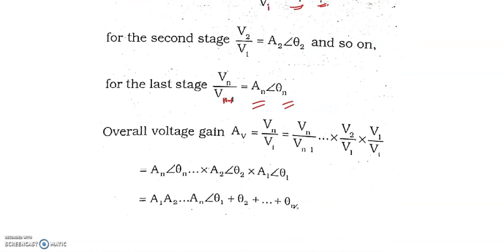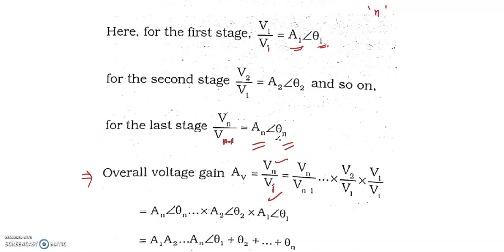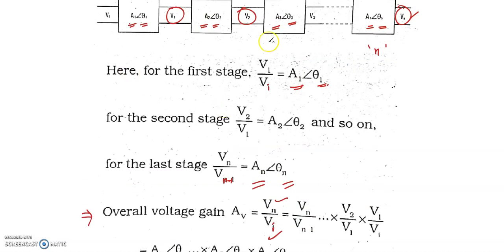If I want to write the overall voltage gain after cascading so many amplifiers, what is the overall voltage gain? AV is denoted by final output, that is Vn, by initial input, that is Vi. Vn by Vi is equal to Vn by Vn minus 1 into Vn minus 1 by Vn minus 2, and so on till V2 by V1 into V1 by Vi.